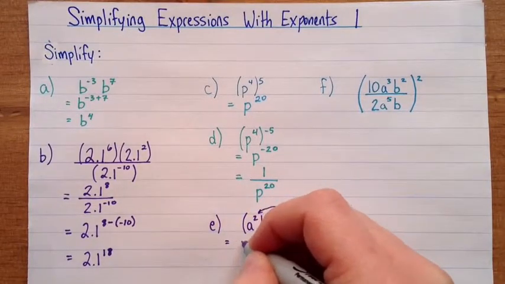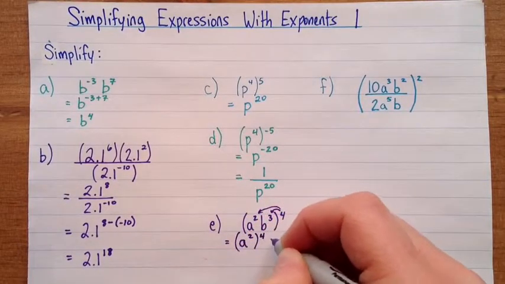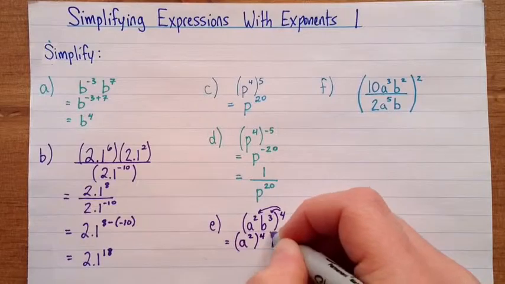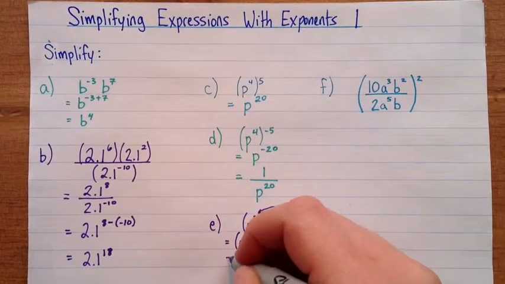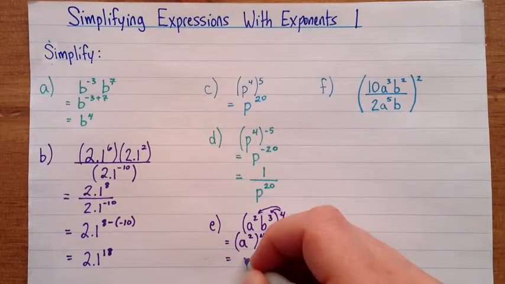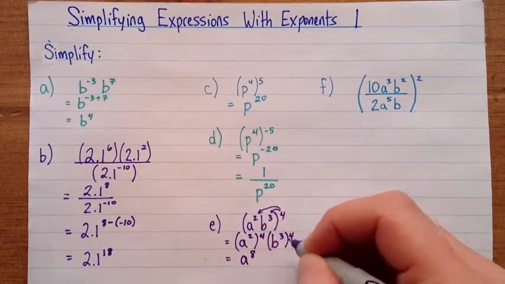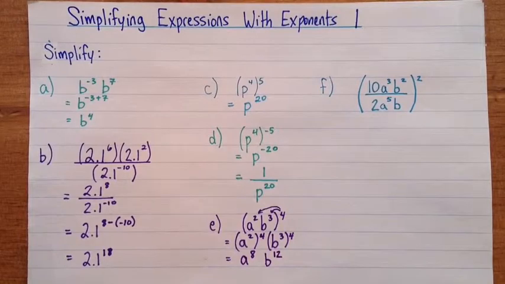So we're going to have a squared to the exponent 4 times b cubed to the exponent 4. And now these are just powers of powers, so that's a to the 2 times 4 is 8. And b to the 3 times 4 is 12.